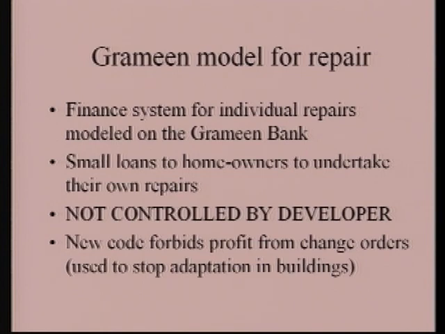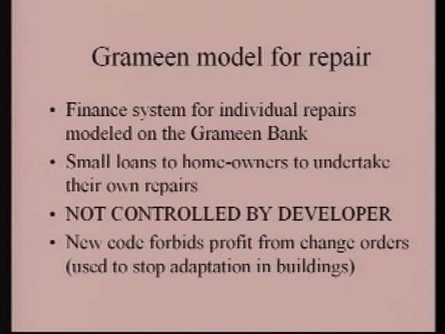Dr. Muhammad Yunus, the director of the Grameen Bank, won the Nobel Peace Prize for the following reason. His bank and his ideas have pulled 200 million people out of poverty. We normally don't hear about that here in the developed world. But he has done that by focusing on the small scale. So I propose a finance system for individual repairs that's modeled on the Grameen Bank.